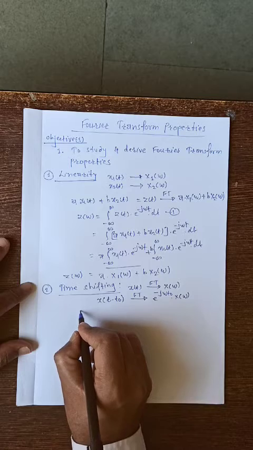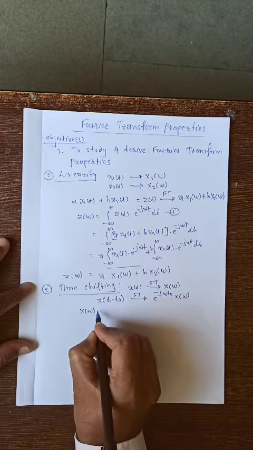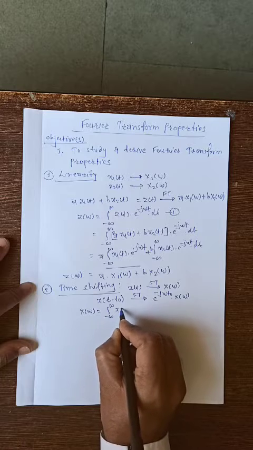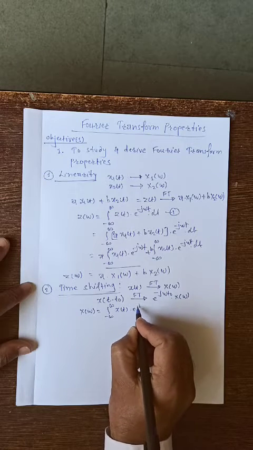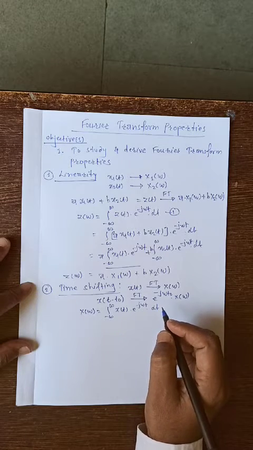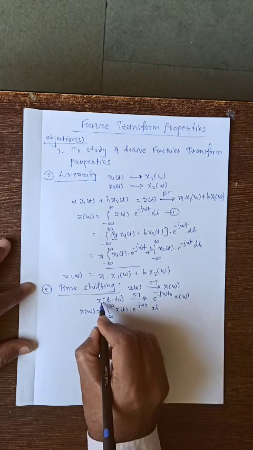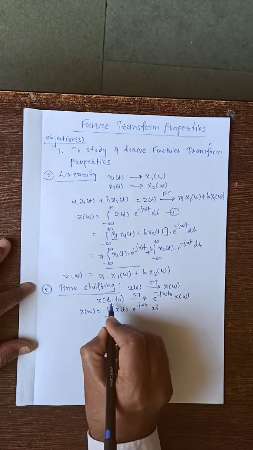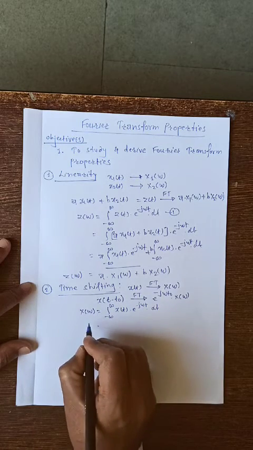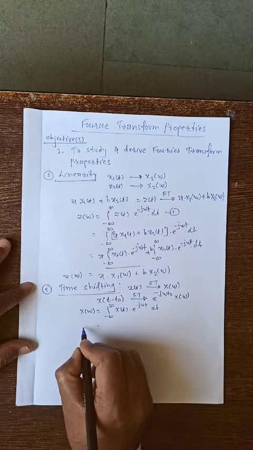Now we'll prove this property. X(omega) is equal to the integral from minus infinity to plus infinity of x(t) e^(-j omega t) dt. Now we are using the shifted input, where t is replaced with t minus t naught.